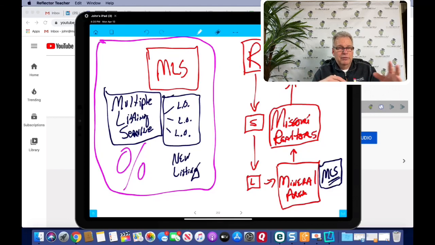It goes on my website, and with IDX exchanges, it goes on all these other broker websites. Consumers are saving searches on Zillow, and boom, a buyer who's looking for something just like what you listed gets notified on their phone through Zillow that John Mayfield just listed this house, and they call their agent up, or if they don't have an agent, they call me up, make an appointment, and they can buy a home that quick. You can see the progression of what I've witnessed.